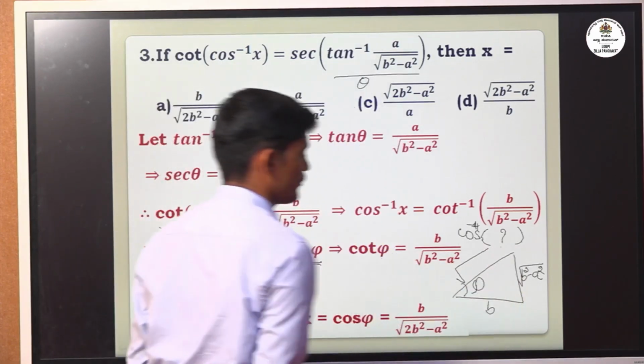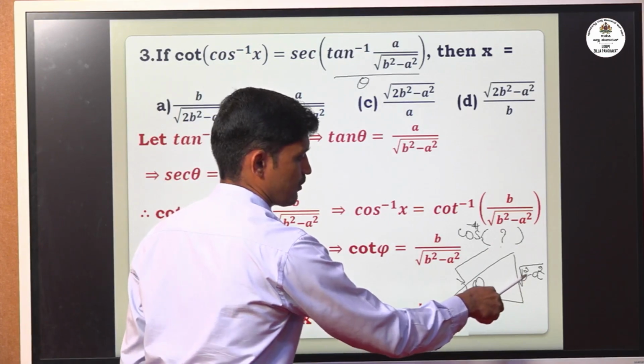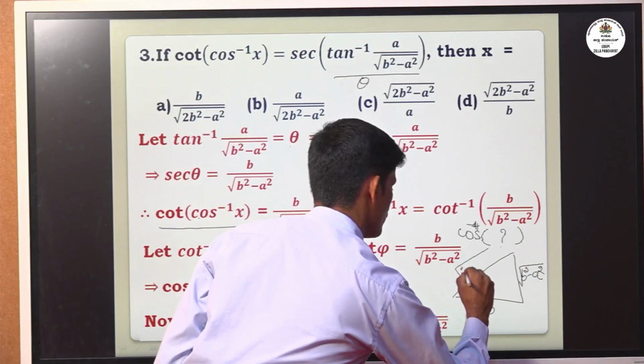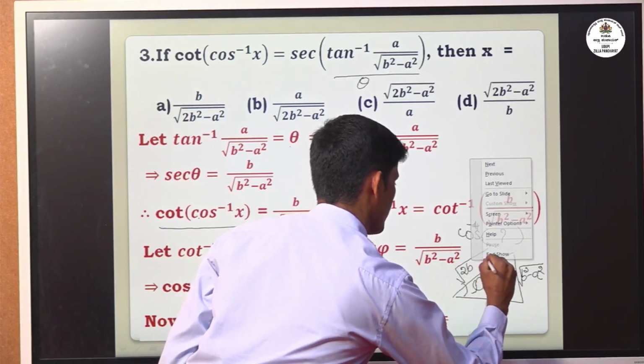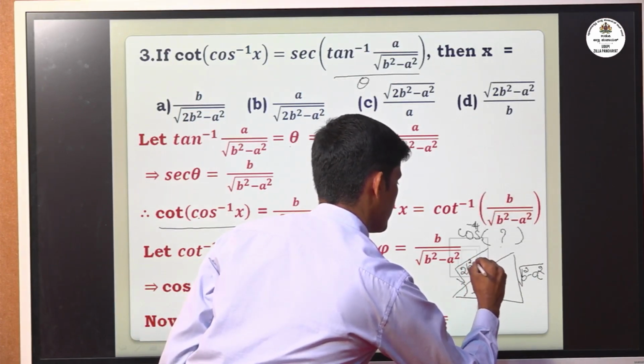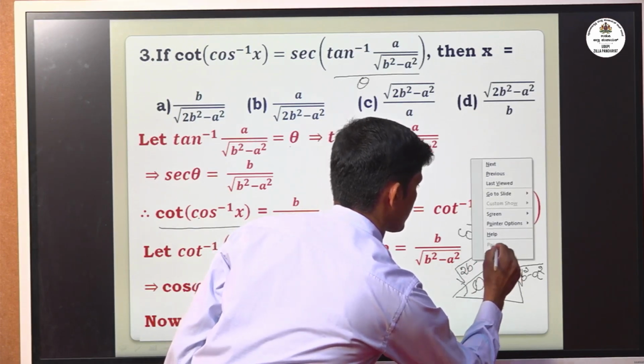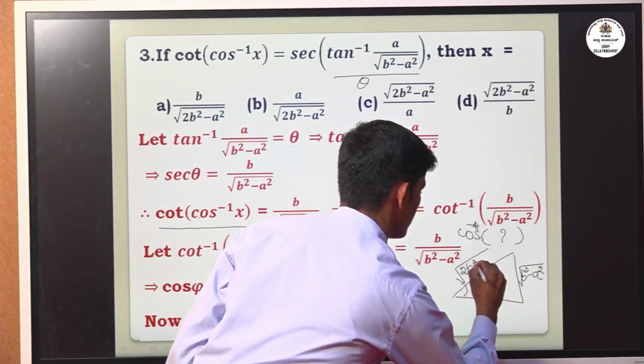square root of b square plus b square minus a square, that is 2b square minus a square.